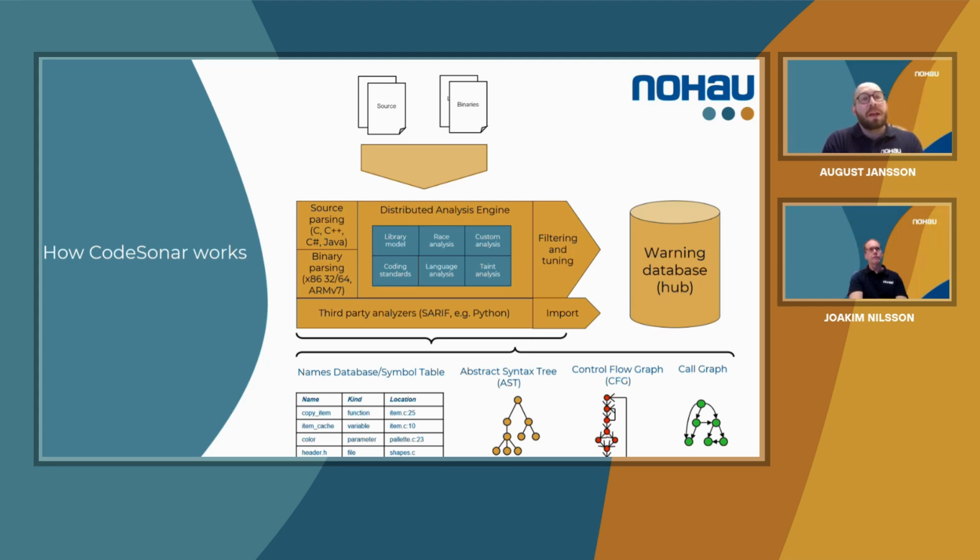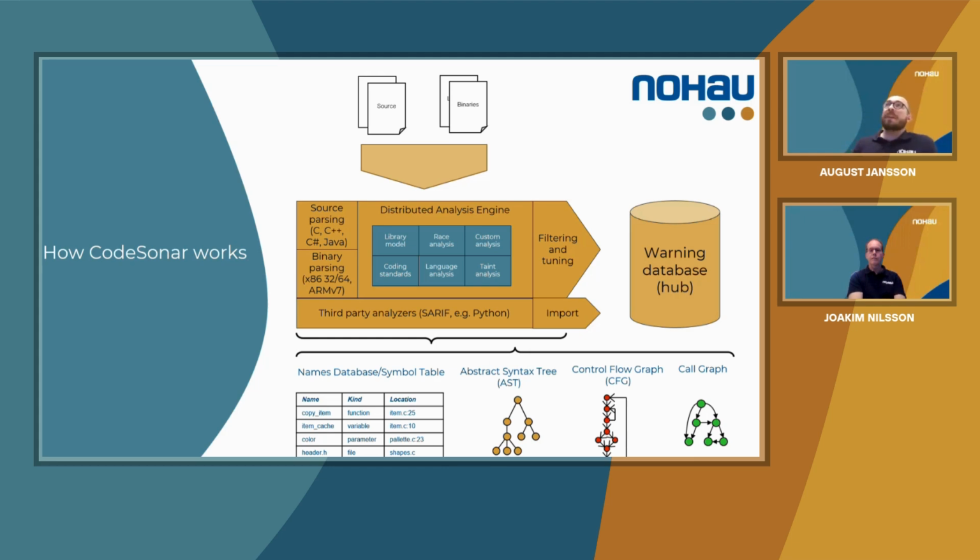I think it's important to note here the library models. Yeah, what is that? So that is the fact that CodeSonar doesn't only analyze your source code, but it also analyzes every dependency that you have in your source code.